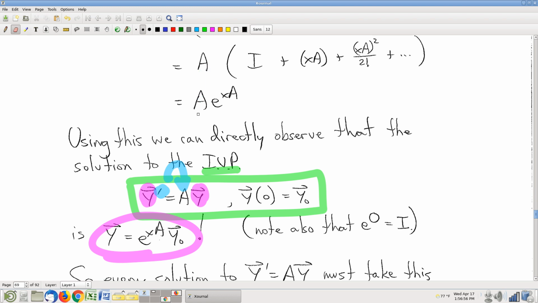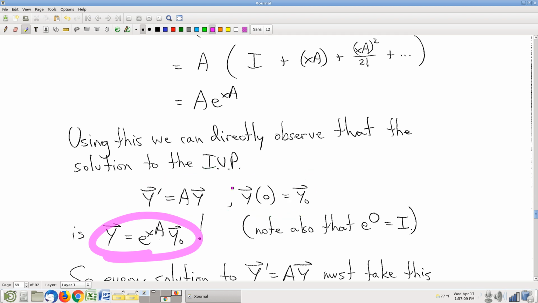In fact, we can further notice, not only do these functions solve the differential equation, these functions also satisfy the initial condition. Let's look at this initial condition. What happens to this function when I plug in x equals 0? I am raising e to the power of 0 times a.